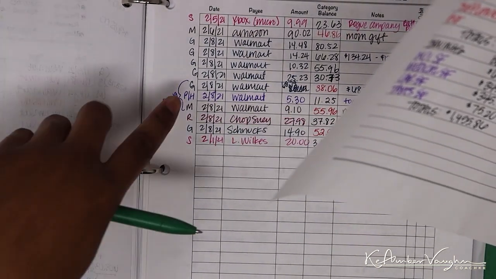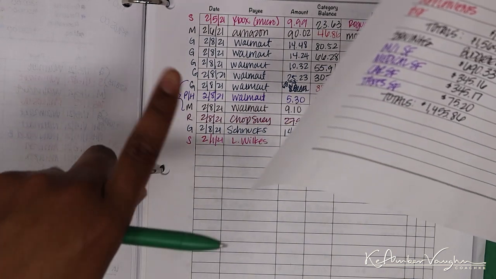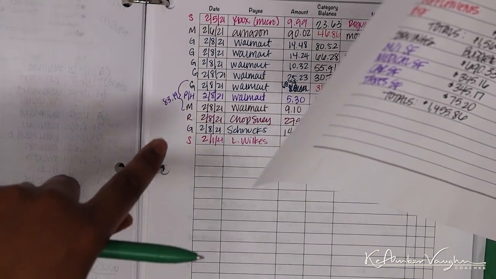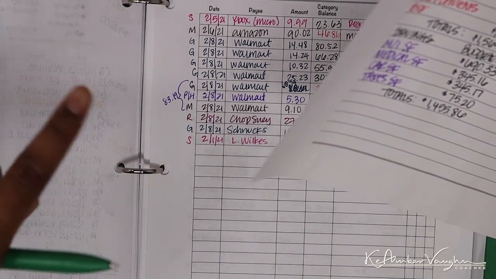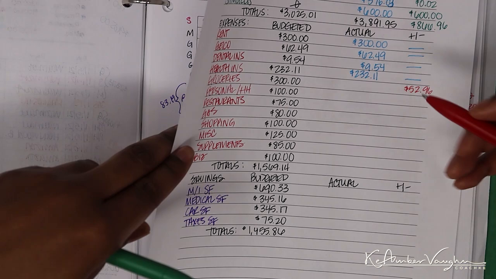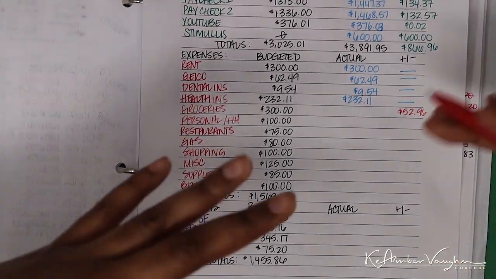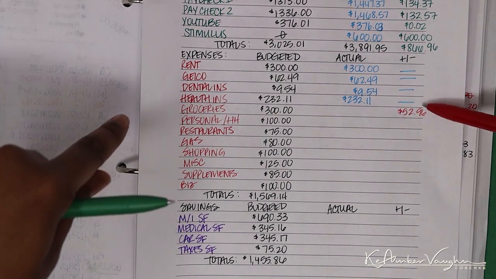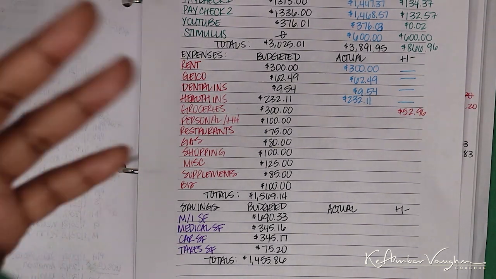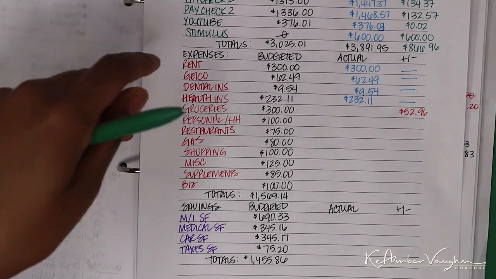The other reason is because I did not project to do a crab boil for my mom's birthday, and I did, and that was like, I think, $60 per person. So even with me overbuying on groceries for the weather, had I not had that crab boil, then I still would have been under budget. But that's what my mom wanted, and so that's what we did.